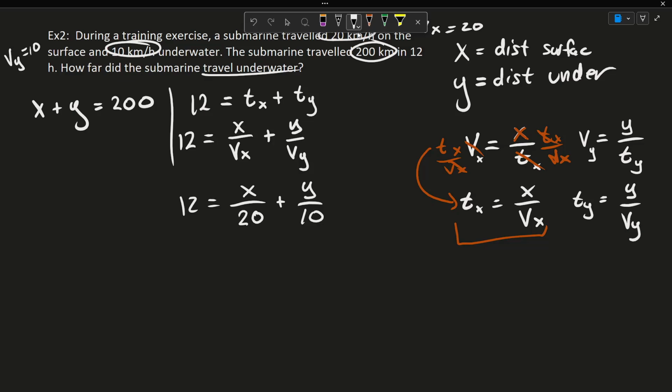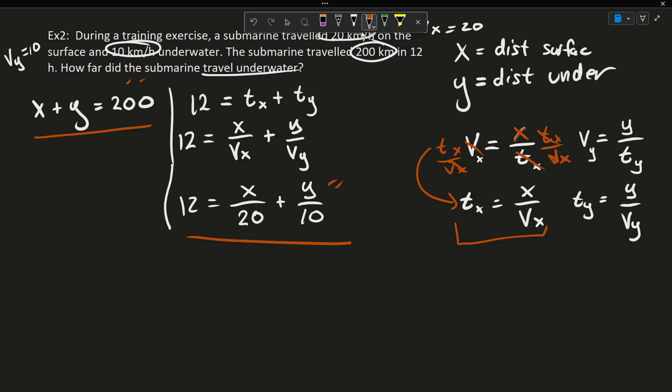Okay? Well, that's pretty exciting. Quite exciting indeed. So now what I've finally done is gotten to the point where I have two equations, one with an x and a y, and the other one also with an x and a y, and I can do elimination.